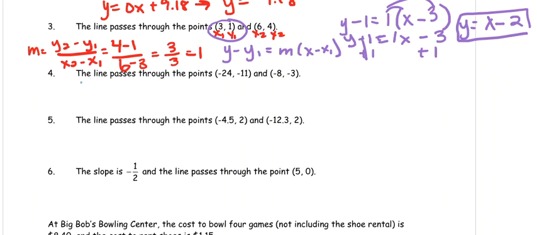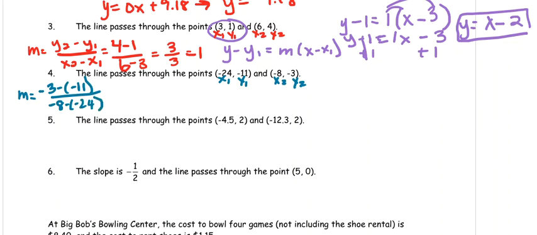All right, next problem. The line passes through the points (-24, 11) and (-8, 3). So m equals, and remember, x1, y1, x2, y2. Already know you're going to have to deal with sign work over here, so you have to be careful. Negative 3 minus negative 11 over negative 8 minus negative 24.